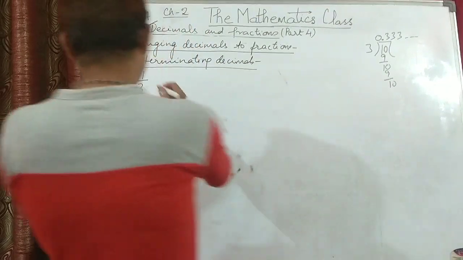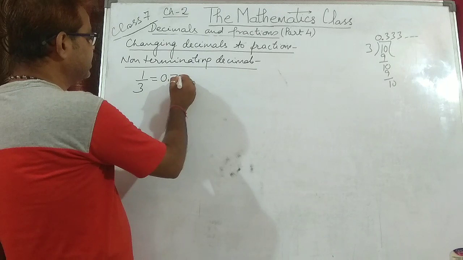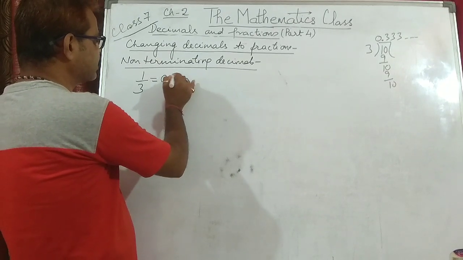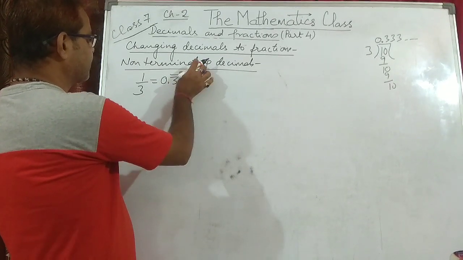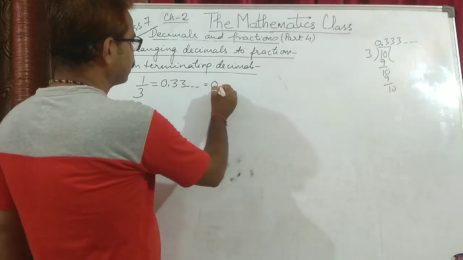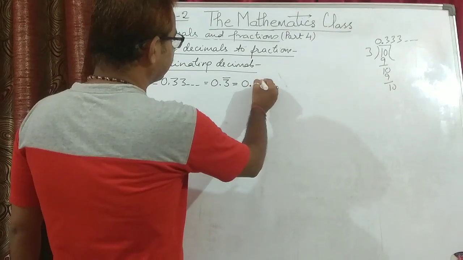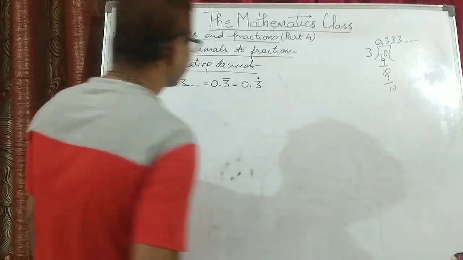It means you know that the value of 1 upon 3 is 0.33, or you can say 0.3333, or you can also say 0.3 bar, or you can also say 0.3 dot.